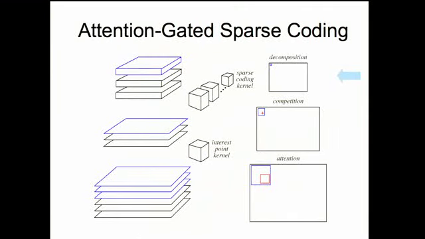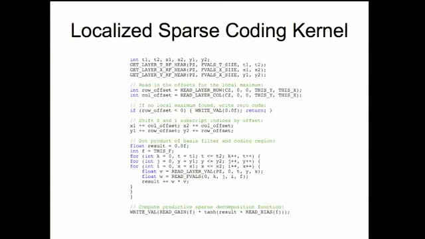In the final step, we take just the locations that have been designated for each of the regions of interest, and we perform our predictive sparse coding on those locations. In this case, the algorithm is very similar to the dot product or the convolution that we showed earlier.